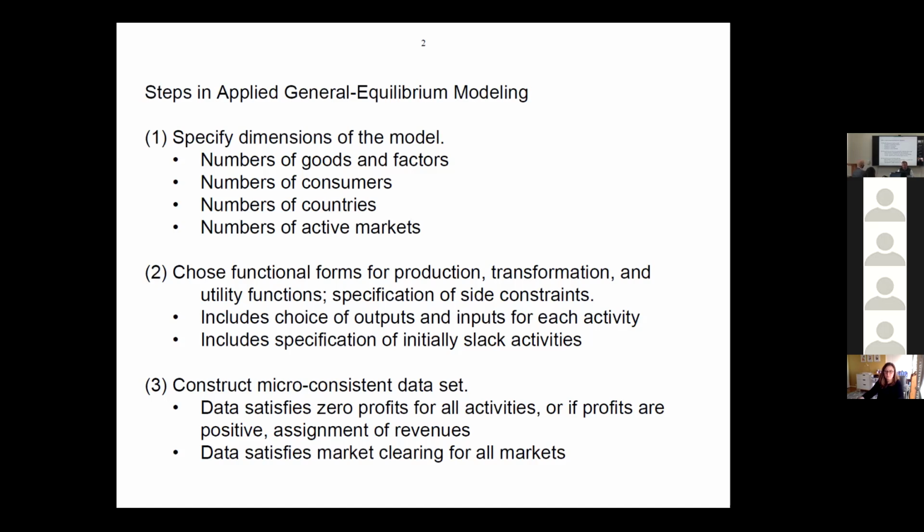So that's kind of the opposite of a CES. You have a CET. You choose utility functions and then side constraints on various things.